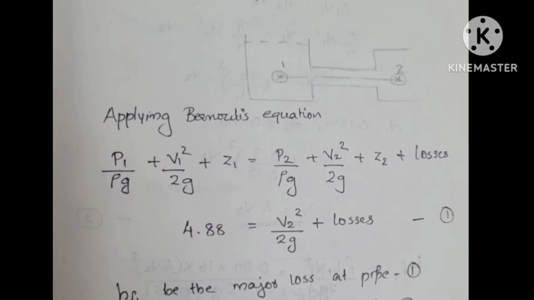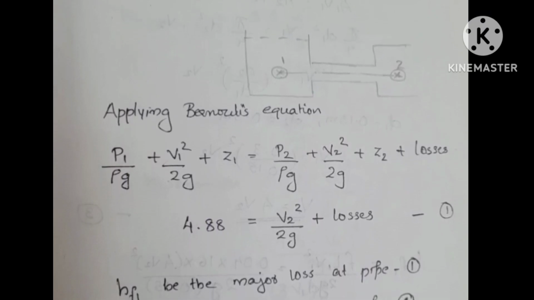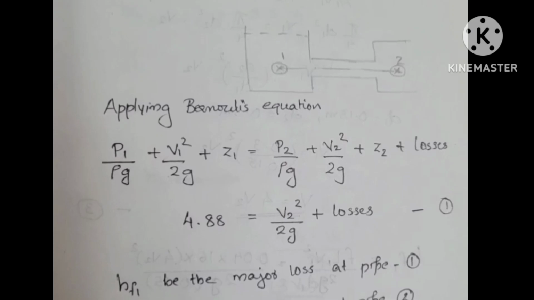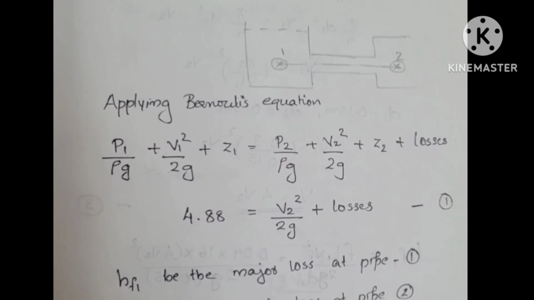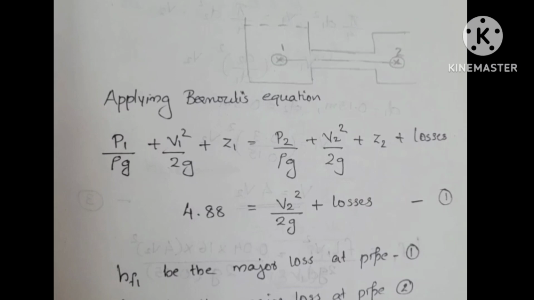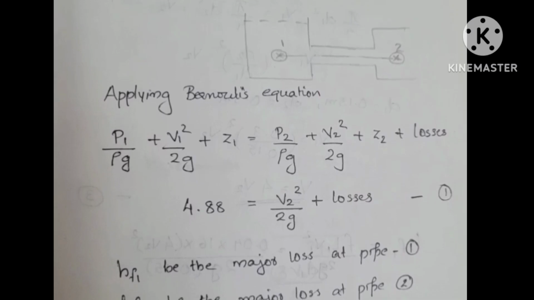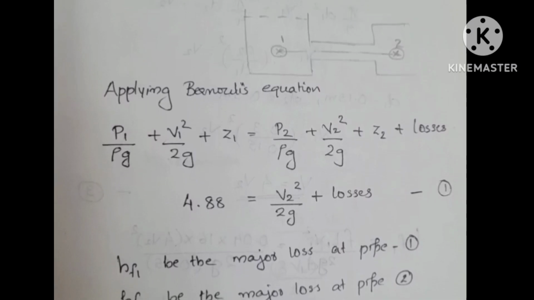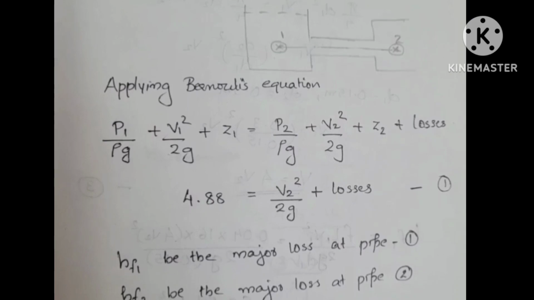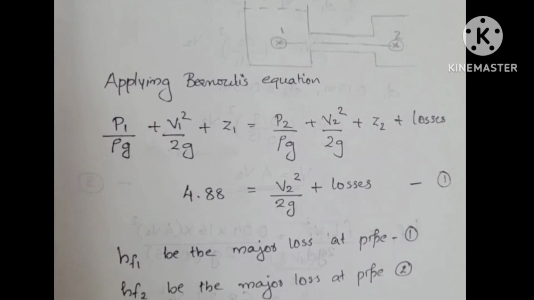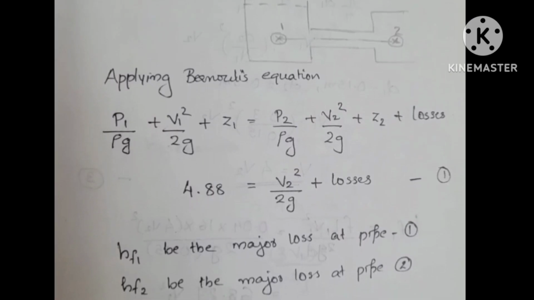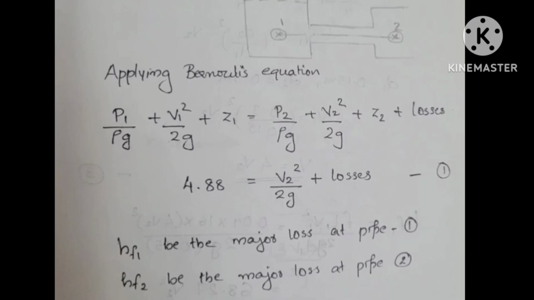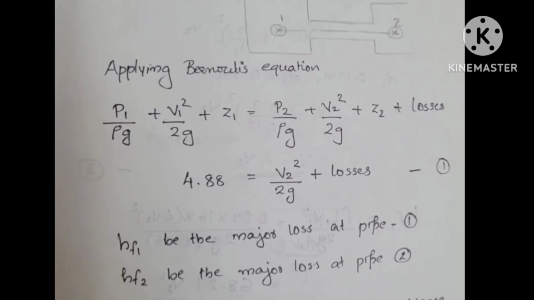Then V2 square by 2G, that we have to find out, plus losses. Then we have to consider what all losses are coming in this problem. First one is major losses, considering major head loss in pipe 1 and pipe 2. Let it be HF1 and HF2. HF1 be the major loss at pipe 1 and HF2 will be the major loss at pipe 2.